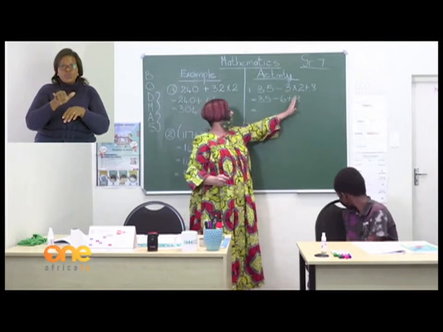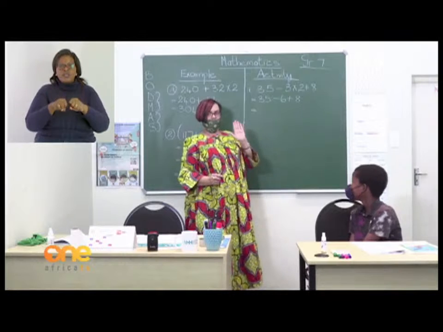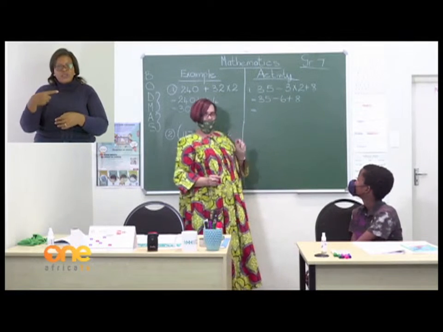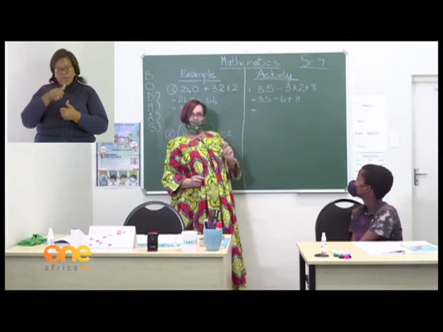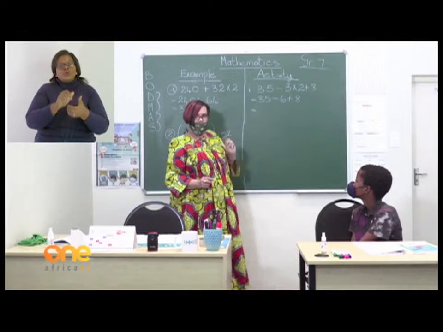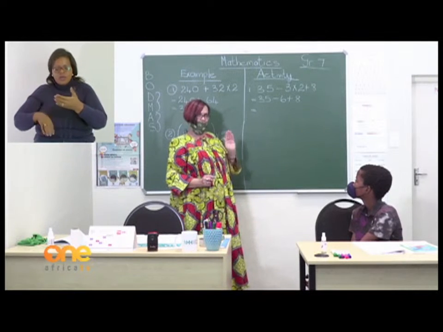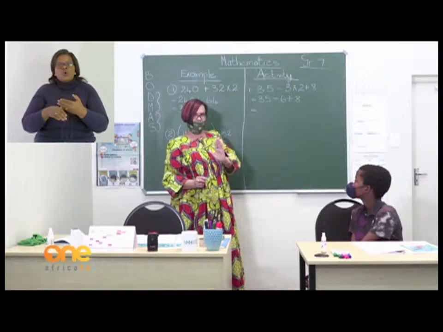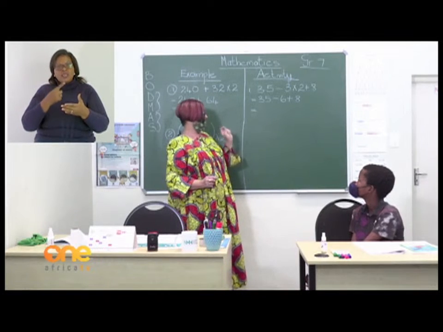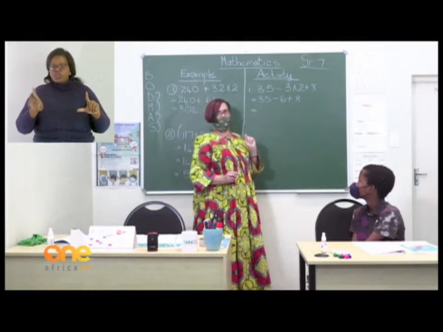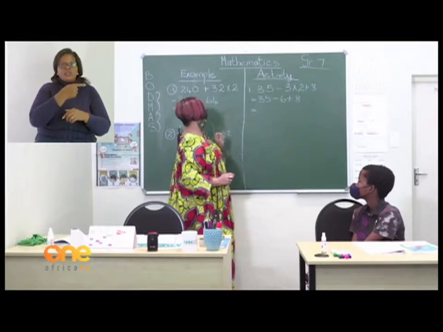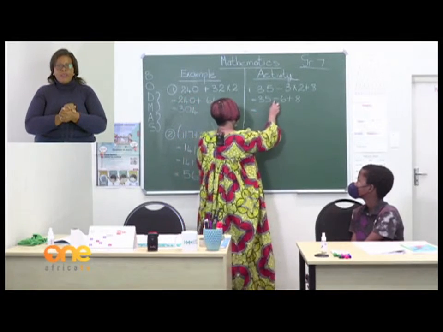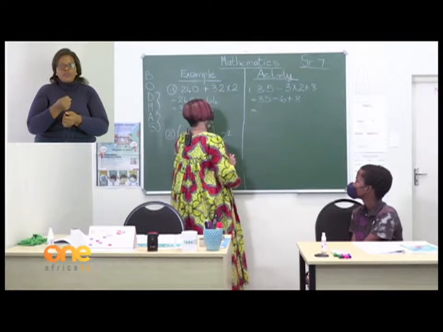Subtraction or addition? Remember, addition and subtraction are friends. They go together, but we work from left to right, meaning the one that we find first in our sum. In this case, we have subtraction first.